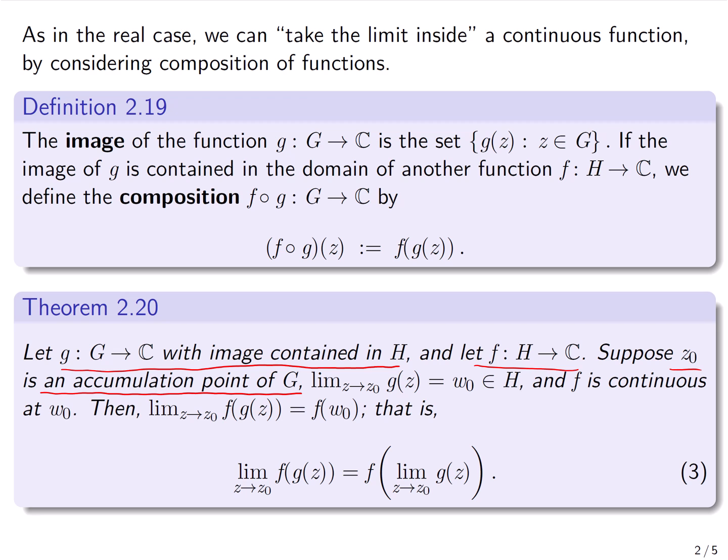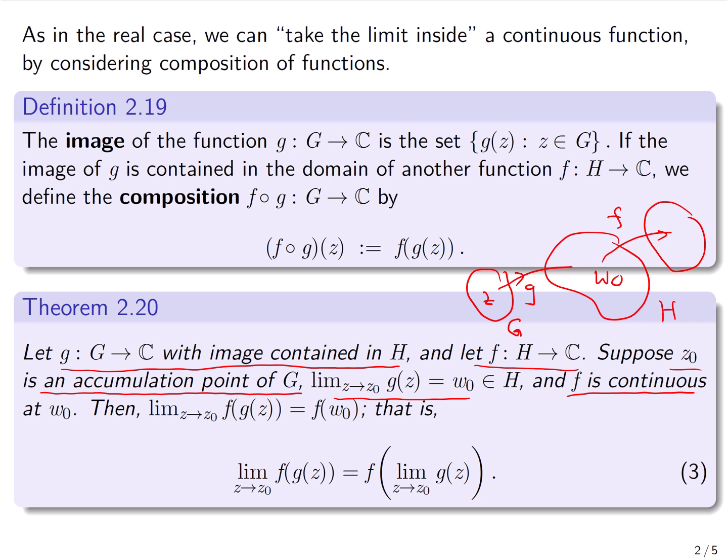Also, when z goes to z naught, g(z) goes to w naught, which is an element of H. So w naught is inside H, and g is the first function, which has a domain G, and the second function is f. The second function has to be continuous. We don't assume continuity for the first function, only the limit. For the second function, it has to be continuous.